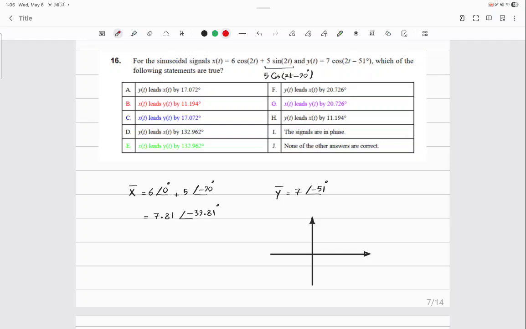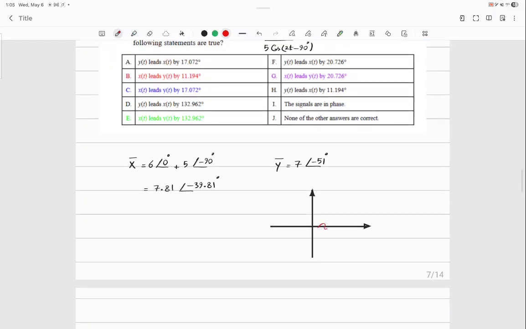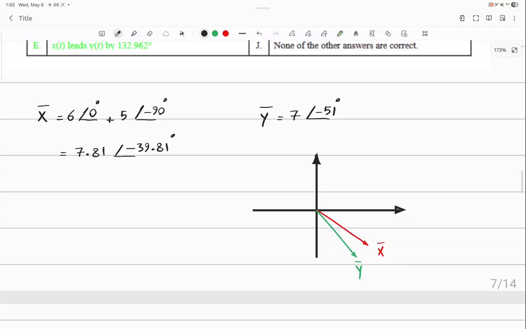So let's start with x. Do I care about the magnitude or no? No, because I'm talking about lead and lag. 39. That is your x. Where is y? 51. What is the angle difference between them?